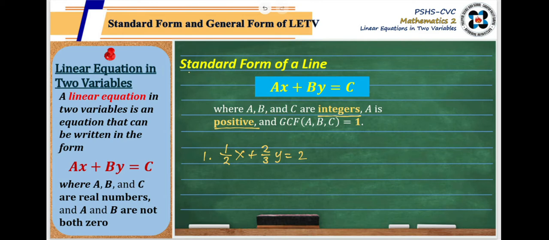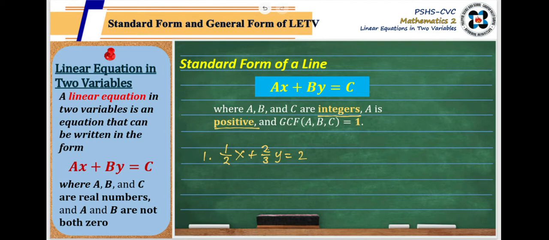Because if we look at the coefficients of x and y, they are all fractions. Here, we mentioned that our line is in standard form if, in the form ax plus by is equal to c, a, b, and c are integers. So since 1/2 is not an integer and also 2/3 is not an integer, we cannot say that this one is already written in the standard form.